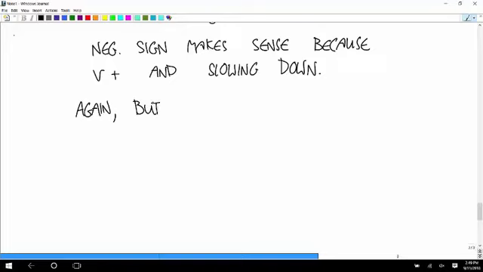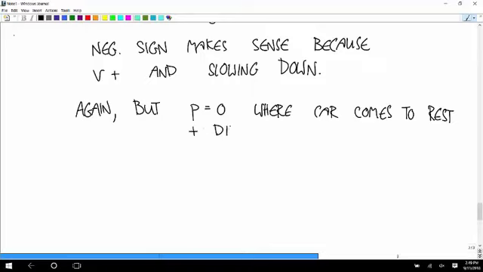So this time, our position equals 0 is going to be at the location where the car comes to rest. And our positive direction is going to be opposite the car's motion.